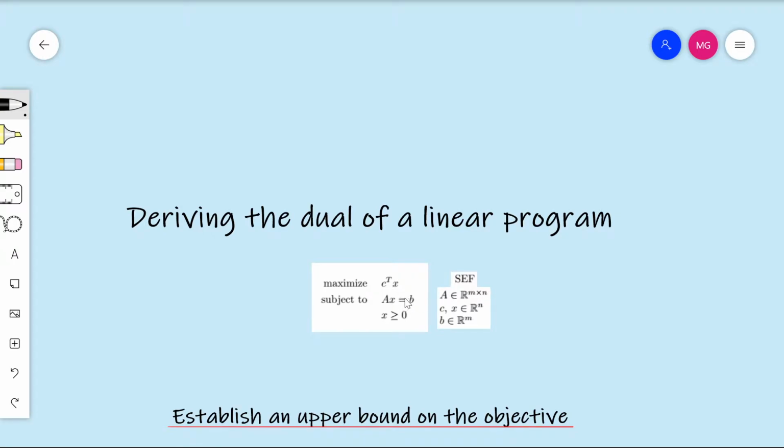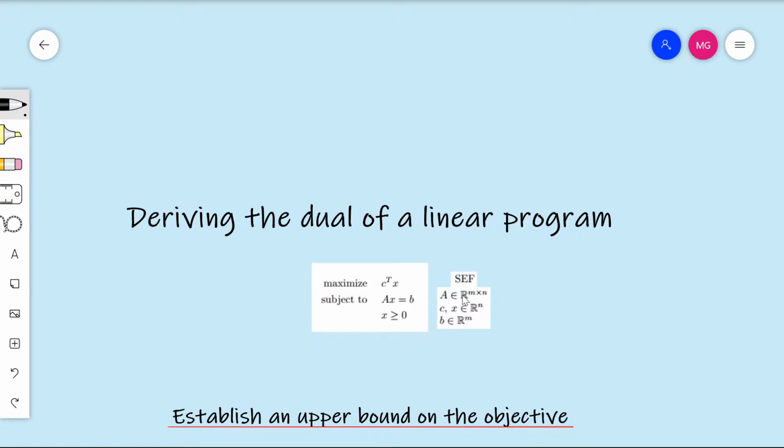There's a row of A for each of these equality constraints. c and x are vectors in R^n, and b is a vector in R^m, because it's the right-hand side of the matrix equality constraint, and for every row of the matrix there's a constraint, so the right-hand side has to have a component for each constraint as well. So there's m rows, m constraints, and m components of b.